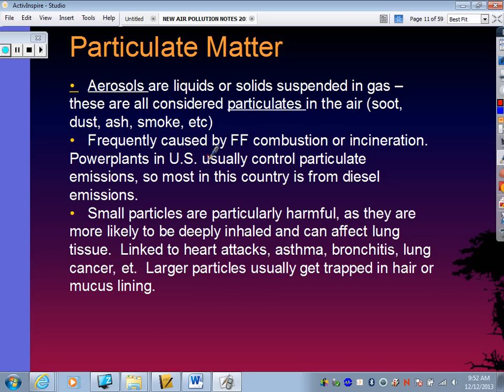It says power plants in the U.S. usually control particulate emissions. So power plants are pretty good at not giving off a whole lot of particulates. So most particulates in this country come from diesel emissions. Who uses a lot of diesel? That's going to be a lot of your big rigs, those 18-wheelers out on the highways. And you can also still buy smaller, sedan or coupe-sized cars that run off of diesel too.